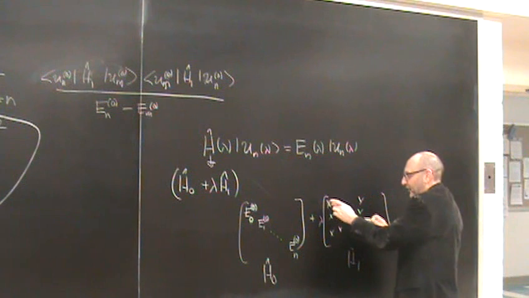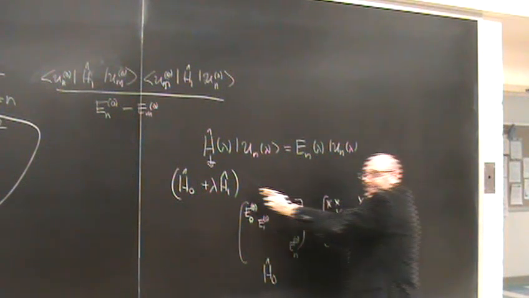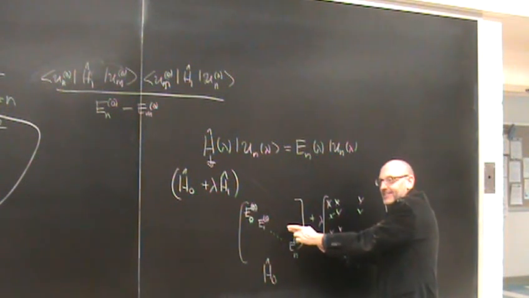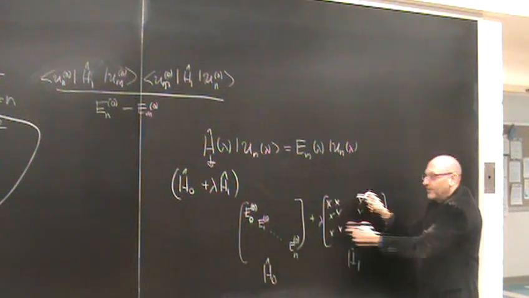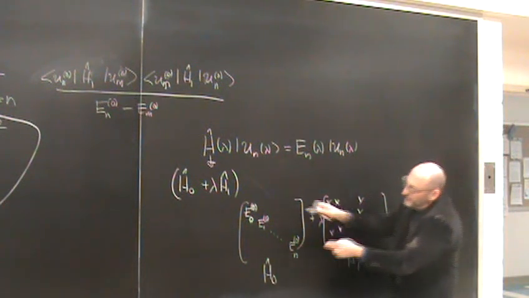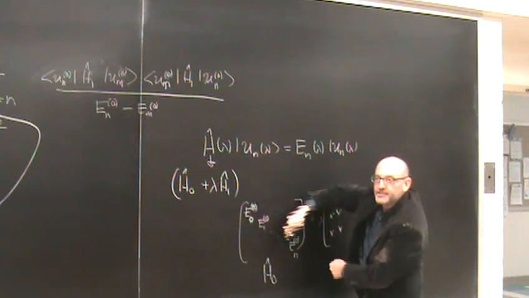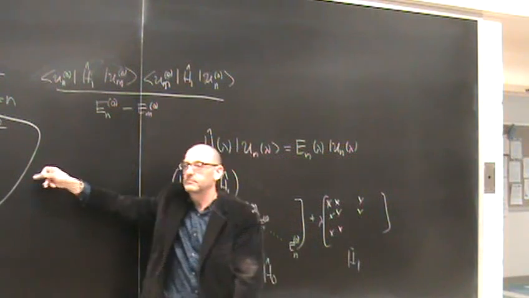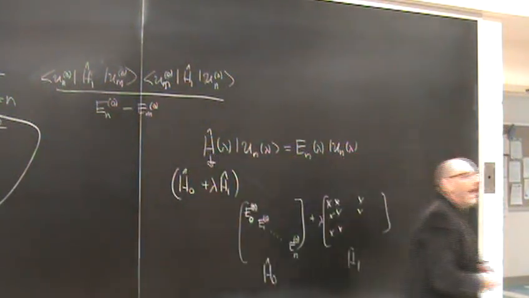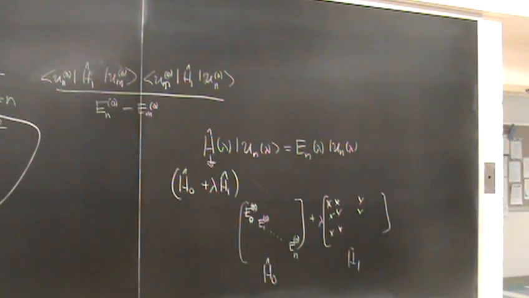To get the first order correction, you just add the diagonal elements to these, and that gives you the first order correction to the eigenvalues. And then the second order corrections depend on the off-diagonal elements of this thing compared to the energy differences between them through this formula. Okay, so that's a math perspective on this.